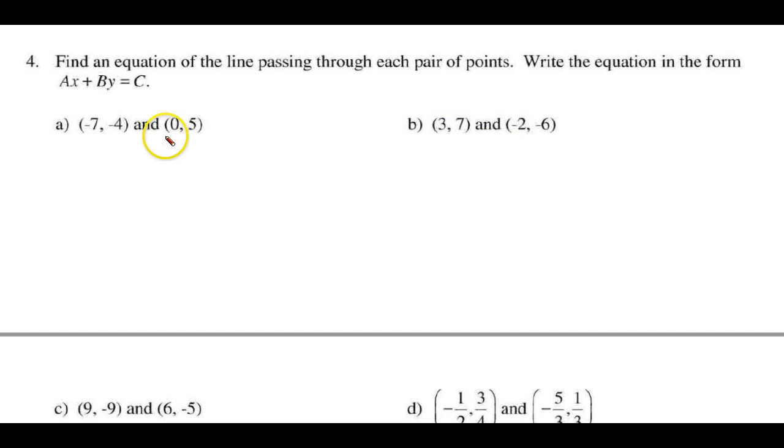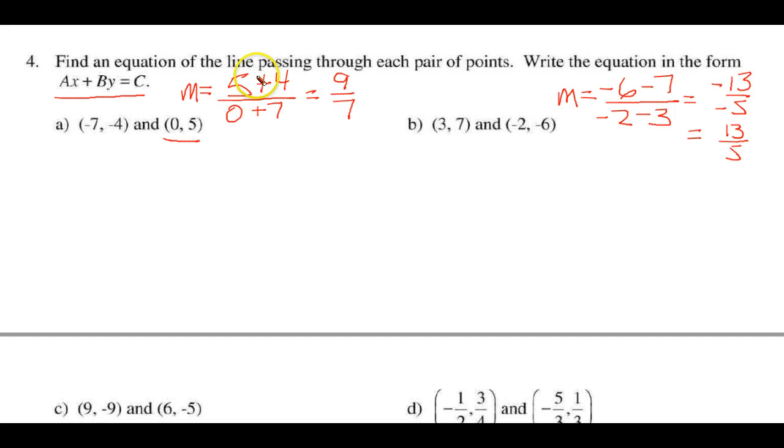And note that this happens to be the y-intercept, which is a good deal if you know how to do that. So let's find the slope first, and then we'll go to find the equation. So stage 1 gives us 9/7, and here a positive 13/5.